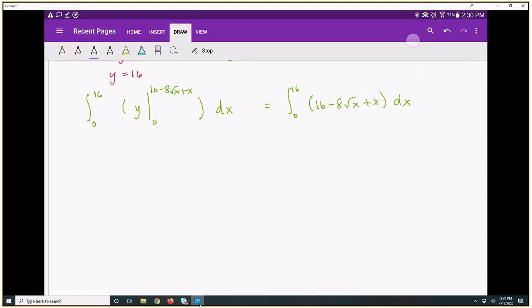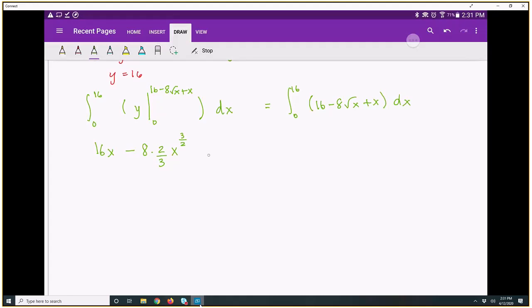Now taking antiderivatives, I know that the antiderivative of the constant 16 is just going to give me 16x. Then I have minus 8 square root of x, which I can think of as x to the 1/2. So if I add 1 to the power, I get x to the power 3/2. Then I'll divide by 3/2, so I'll multiply by 2/3.